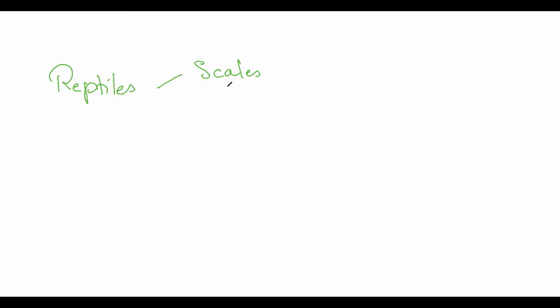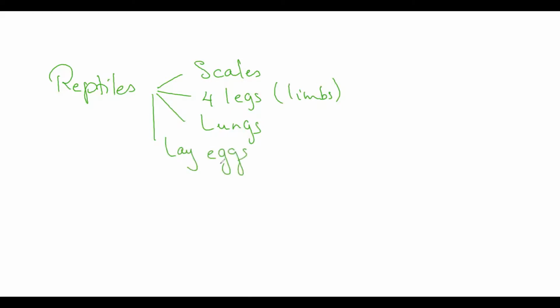Also, reptiles usually have 4 legs or 4 limbs, but these limbs are short and thick. They are weak, by the way. They have lungs to breathe, and of course, they lay eggs. They do not suckle their young, they only lay eggs.